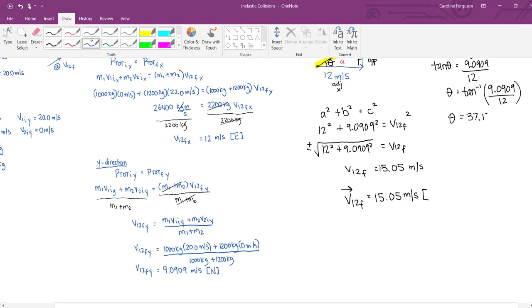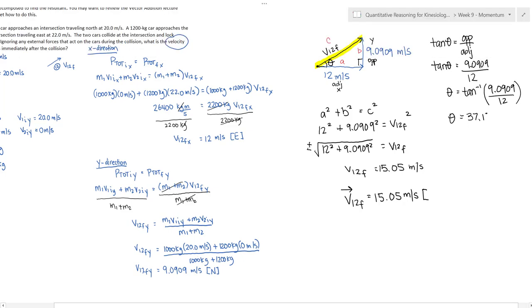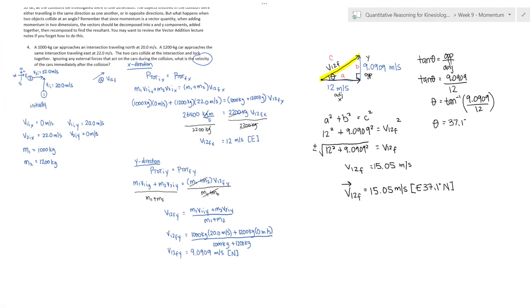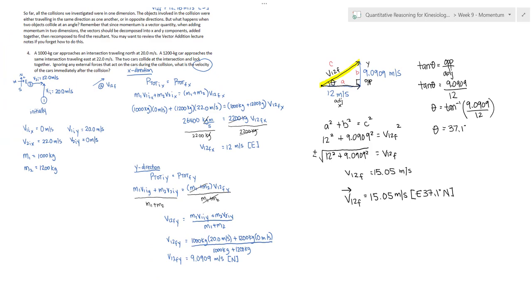It's going east, right? This is the east direction. And from there, we're going 37.1 degrees towards the north direction. You could have also written 37.1 degrees north of east if you prefer that way. And that's it. That's the final answer.